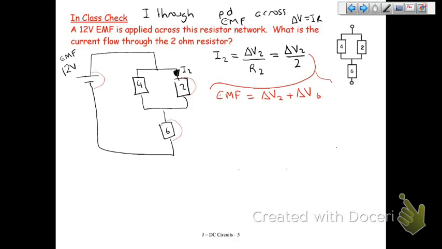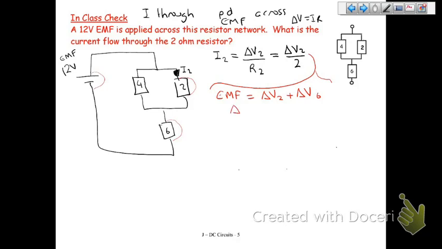Because the voltage drop across the 4 is the same as the voltage drop across the 2. So again, think of the big fat pipe. If I want to measure the pressure of my pump, I'd measure the pressure across one of those 2 tubes and then add it to the pressure across that tube.